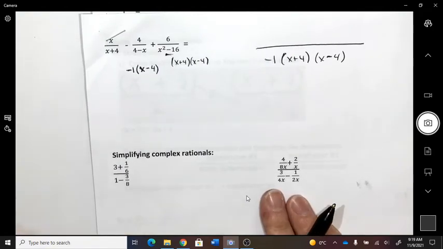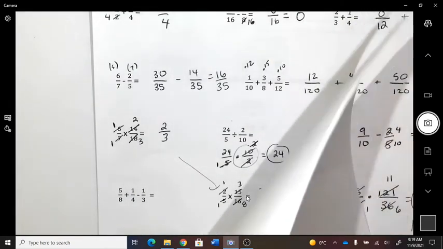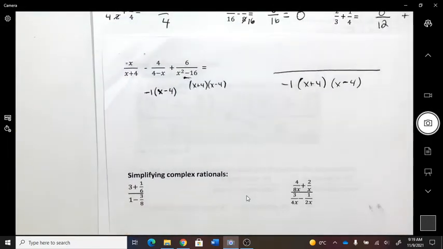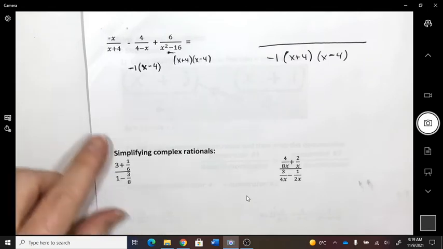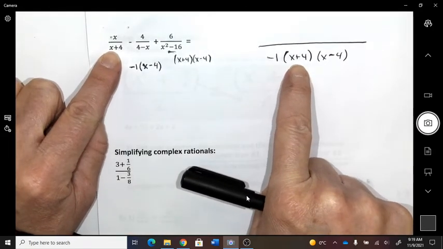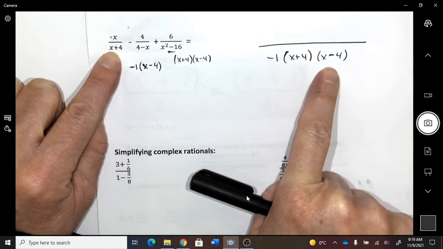Okay. Now we go. We multiply. Gotta get my staple out of the way here. So I'm going to think, what am I missing? Okay. So this was an x plus 4. So I'm going to have to multiply it by a -1 and an x minus 4.